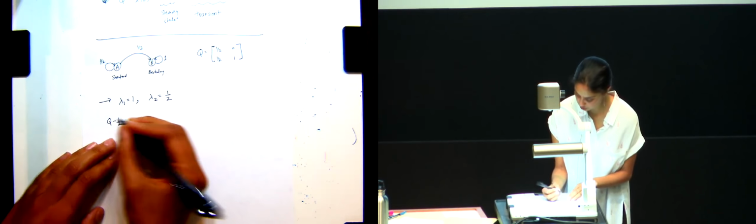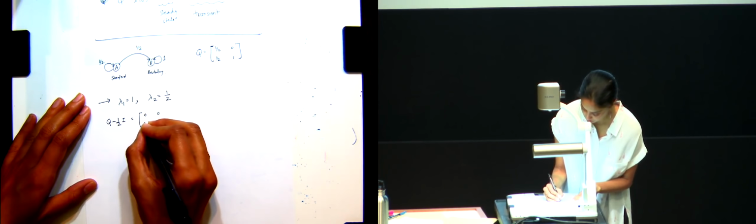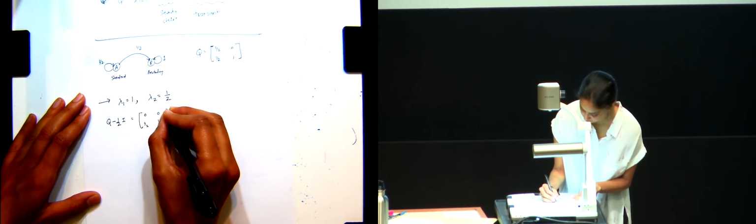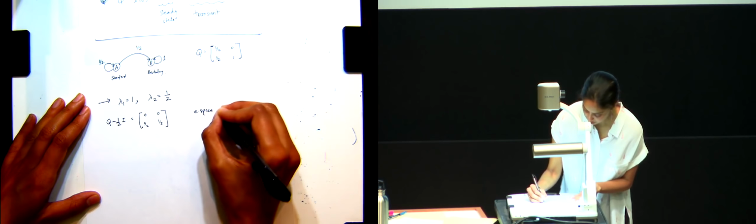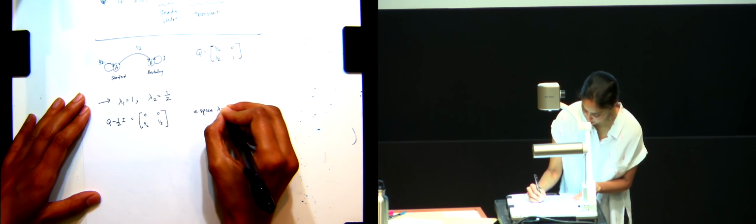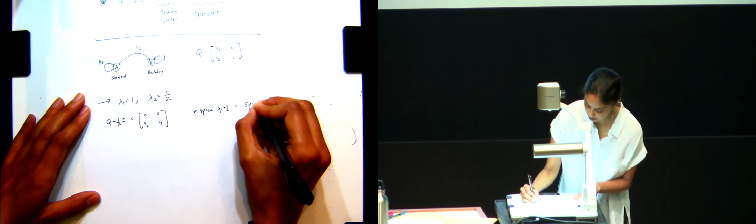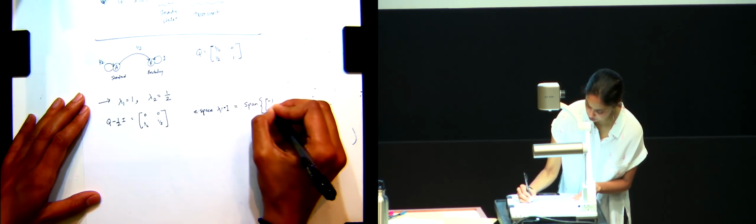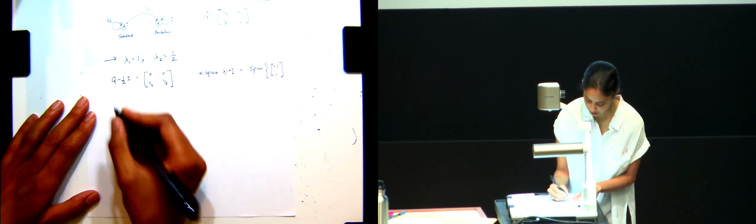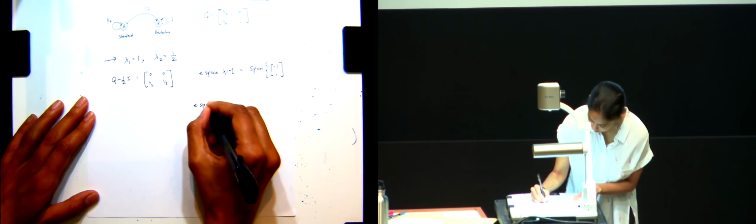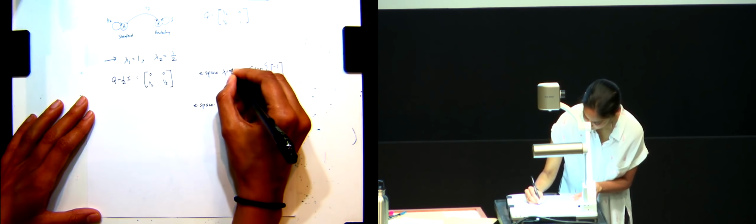And Q minus 1/2 of I is basically 0, 0, 1/2, 1/2. And so the eigenspace corresponding to lambda 1 equal to 1 turns out to be the span of -1, 1. And the eigenspace corresponding to lambda equal to 1/2.